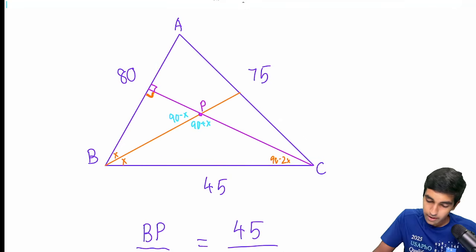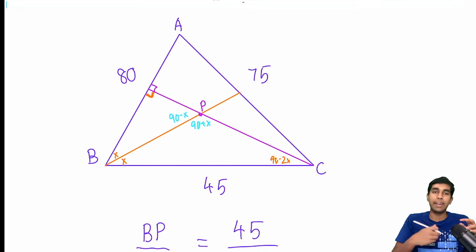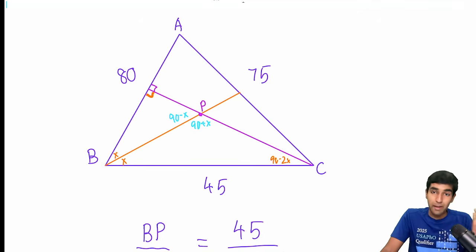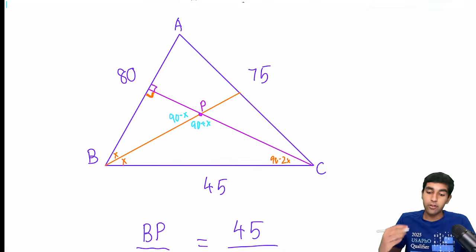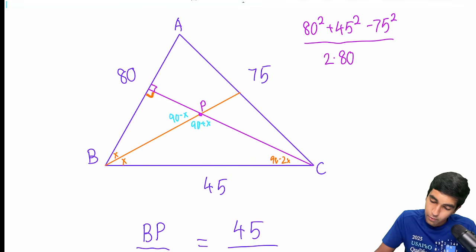There's a really neat simplification for the law of cosines: rather than writing out a squared plus b squared minus 2ab cosine c equals c squared and then simplifying it out, the easiest way, which might be a nice shortcut for future problems, is to substitute directly: we just have 80 squared plus 45 squared minus 75 squared over 2 times 80 times 45, right?